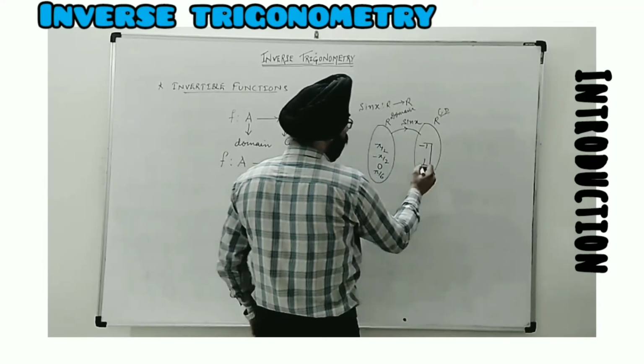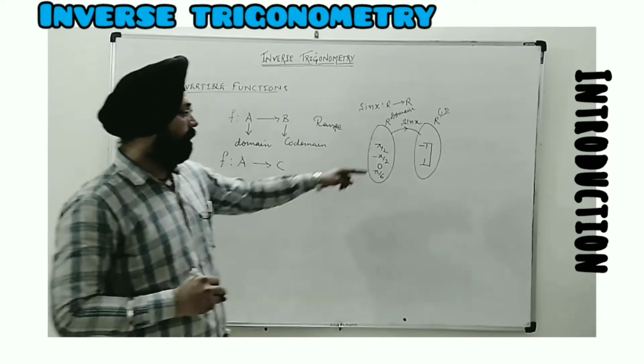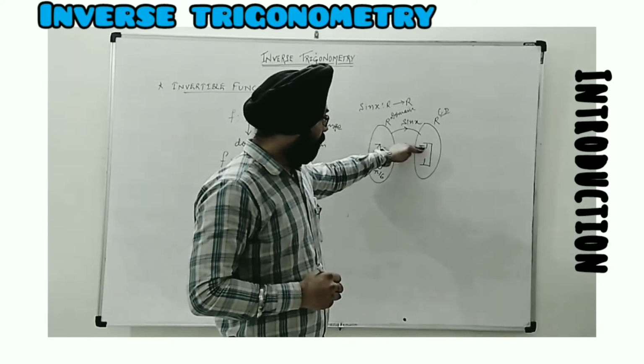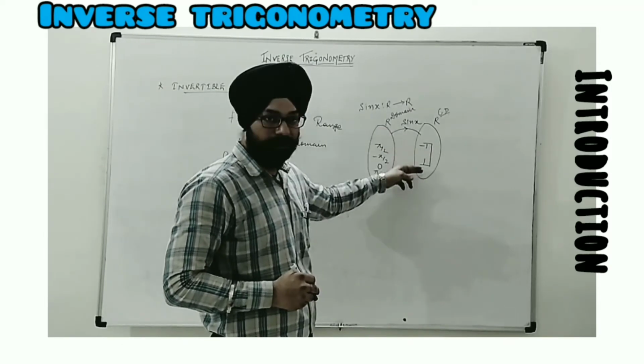It includes all the values which fall from minus 1 to 1. They start with minus 1, maybe between them some value is there, and then the maximum value is 1. It oscillates between these two values.